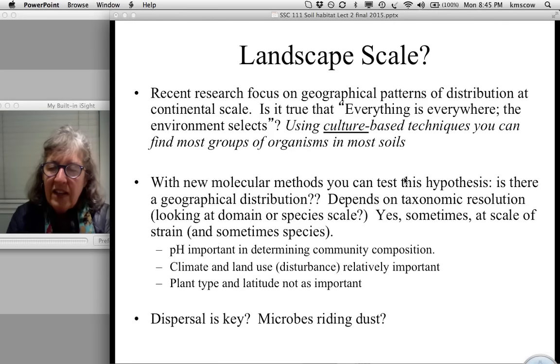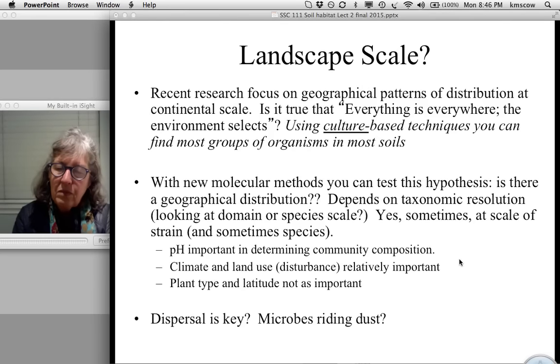So definitely if you use plate counts, you will find most groups of organisms in most soils. You'll find indeed that everything is everywhere. But with molecular tools, you can look at this a little bit more rigorously. And as I said before, the answer depends on the taxonomic resolution.